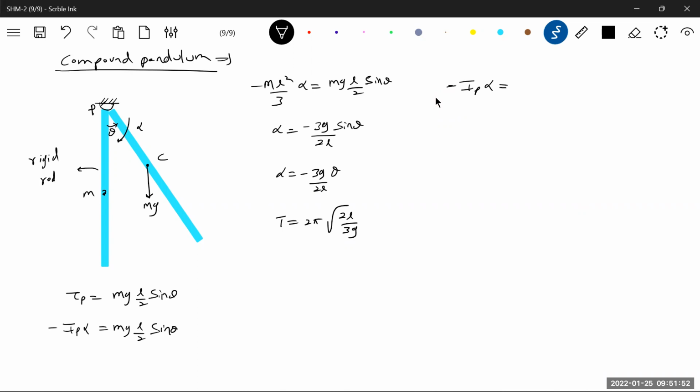Ip into alpha equals mg, this distance is PC sine theta. So alpha is equal to mg PC by Ip for small angular displacement.